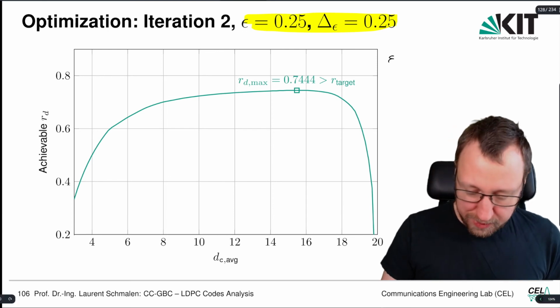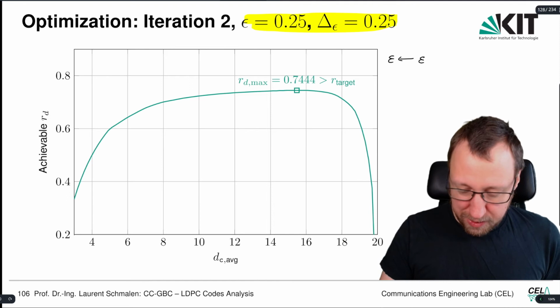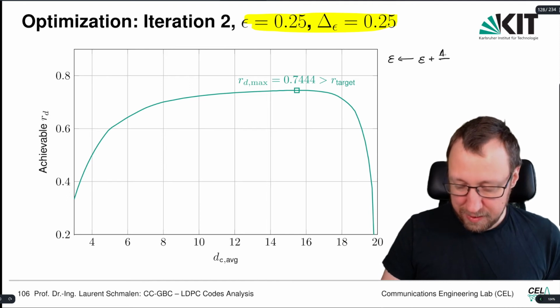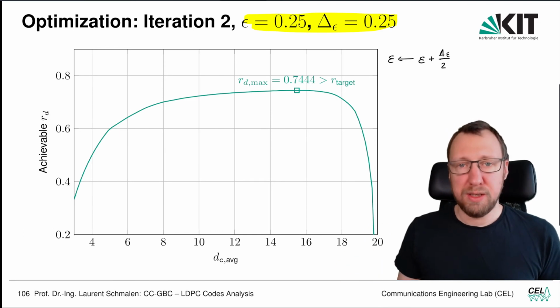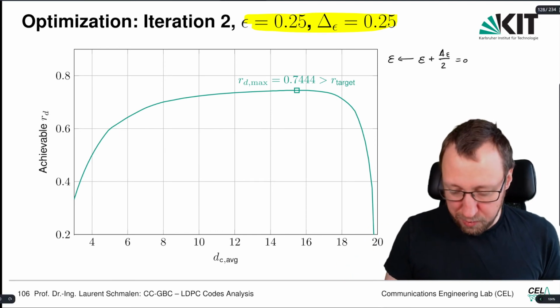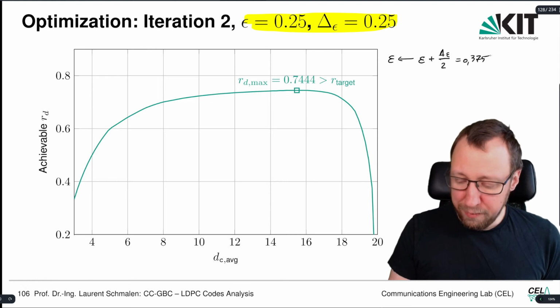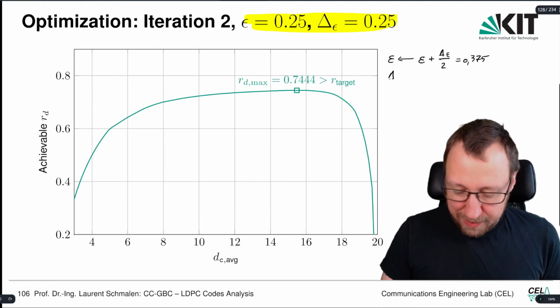So what we do is we set epsilon equal to epsilon plus delta epsilon divided by 2. It means we can afford more erasures, and this is equal to 0.375. And again, delta epsilon becomes 0.125.